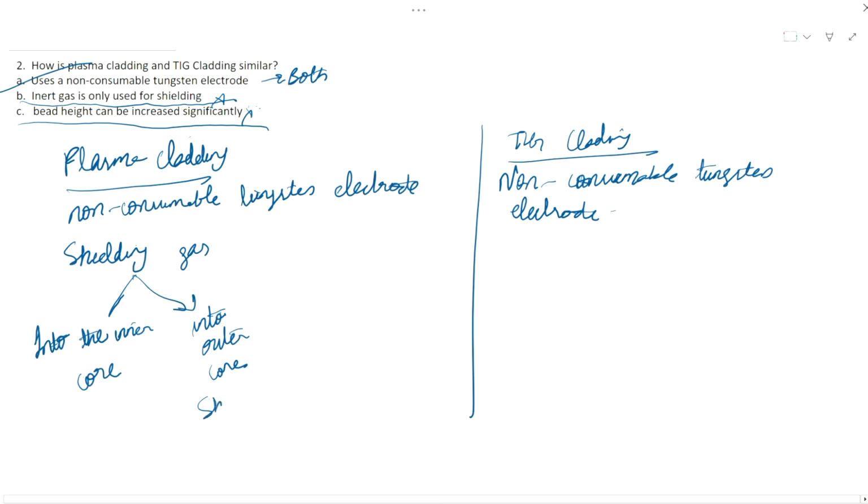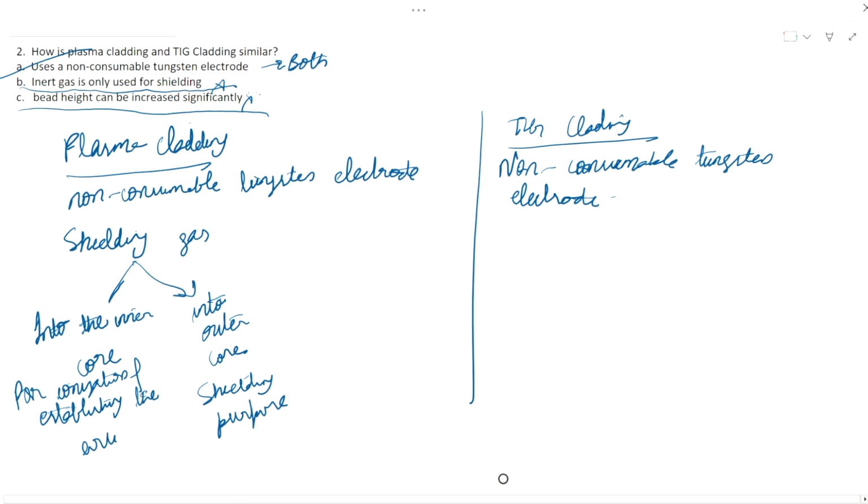This is for shielding purpose and this is for ionization and establishing the arc.